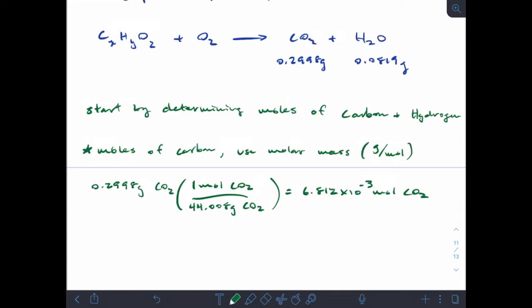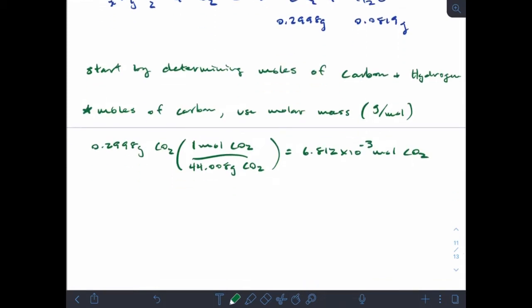Right, now to get moles of carbon out of that, I'm going to use the relationship of how many carbon atoms there are in each molecule of CO2. 6.812 times 10 to the minus 3 moles of CO2, and if there's one atom per molecule, that also means that there's 1 mole per mole of molecules.